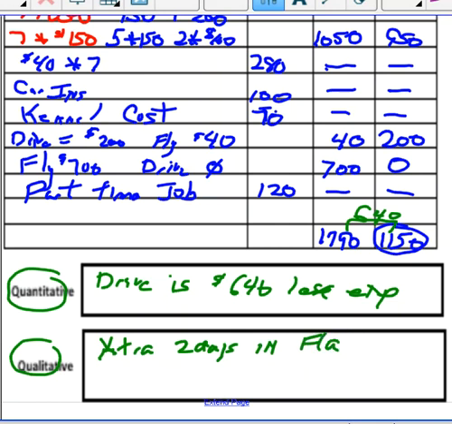And the question is, are those extra 2 days worth the additional cost, the extra $640 of expense?